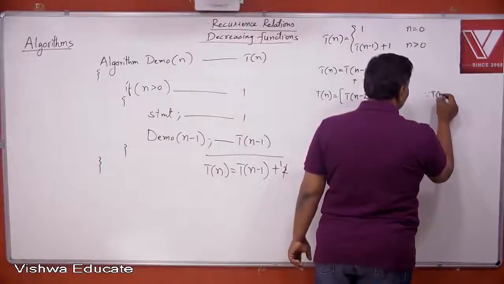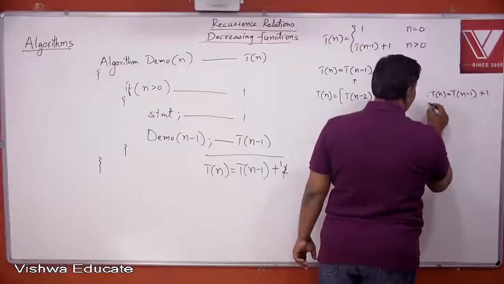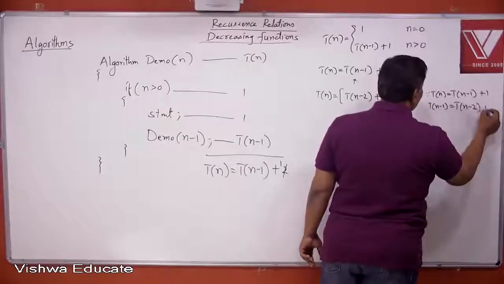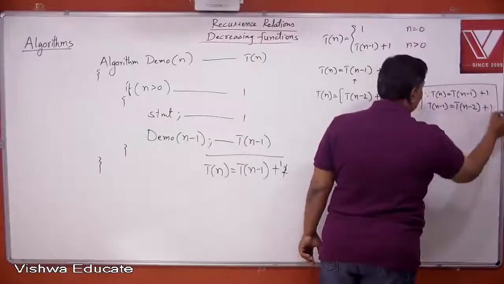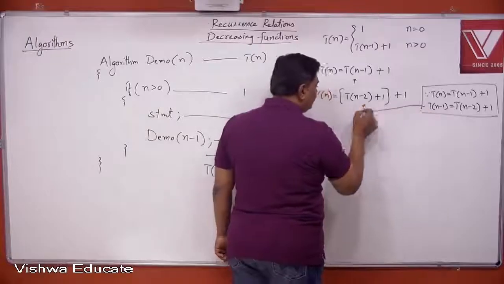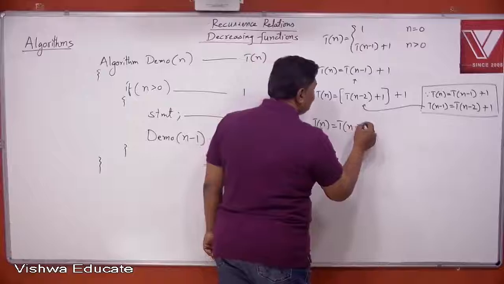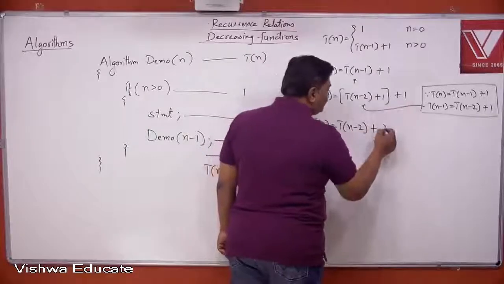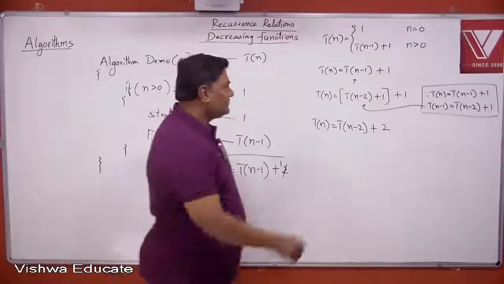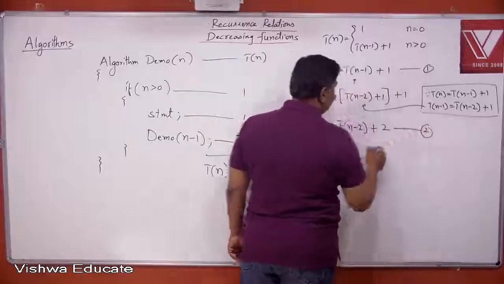Since Tn is Tn minus 1 plus 1, Tn minus 1 will be Tn minus 2 plus 1. I have substituted this here. If I expand, Tn is equal to Tn minus 2 plus 1 plus 1, which is 2. So if this was the first equation, after substitution I got the second equation.